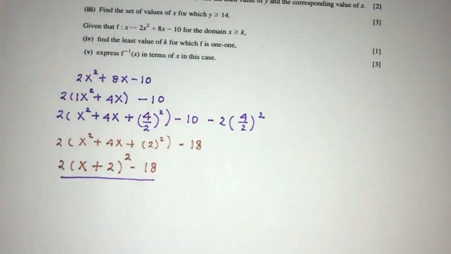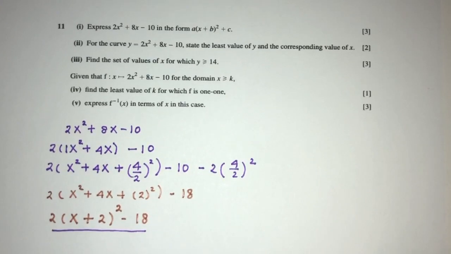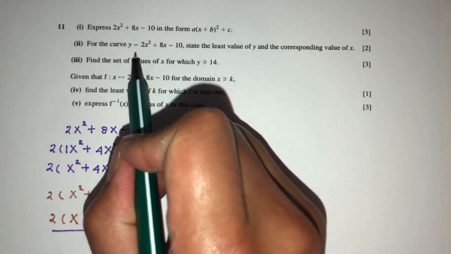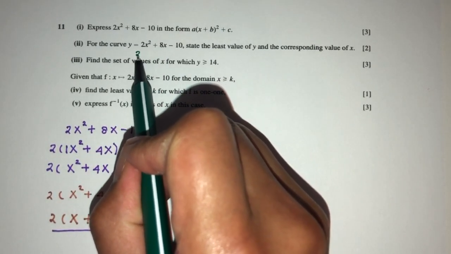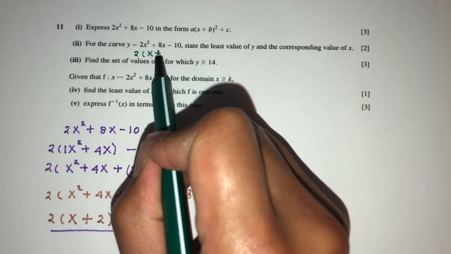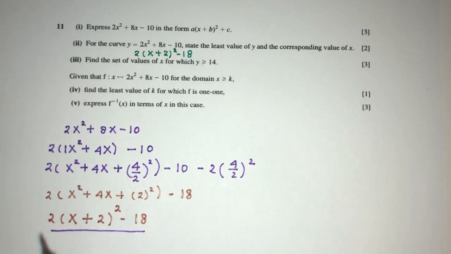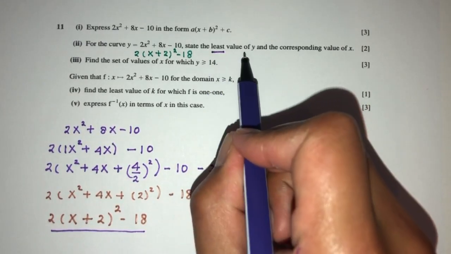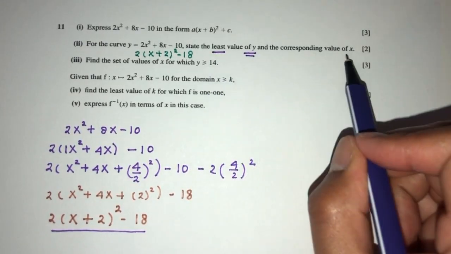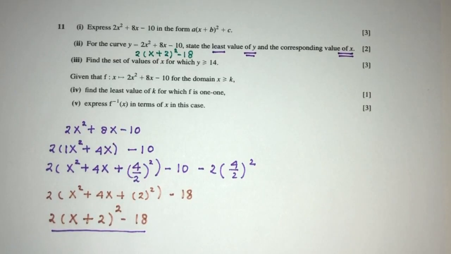Now for part 2 of the question, for the curve that we have just found, which is also equal to 2(x plus 2) squared minus 18, state the least value of y and the corresponding value of x. So basically find the minimum point of the curve. Pretty easy.